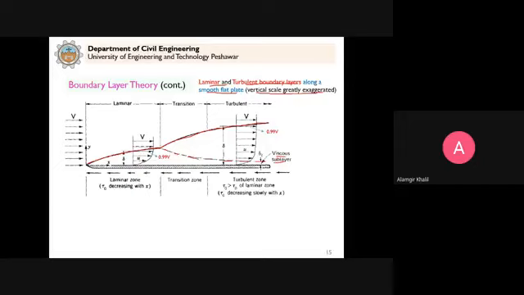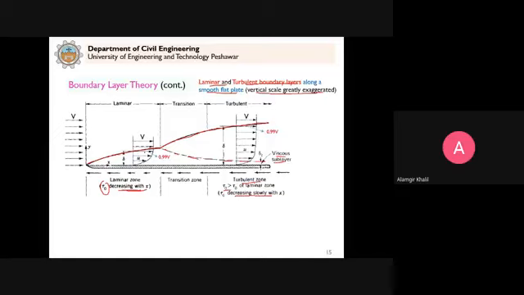Clear? So in the laminar zone, the wall shear stress is decreasing with x. Clear? Because the resistance is transferred up and up to the outer side. And you can see that in turbulent flow, the shear stress is more than for laminar, but it decreases slowly with x. So this we study in detail.